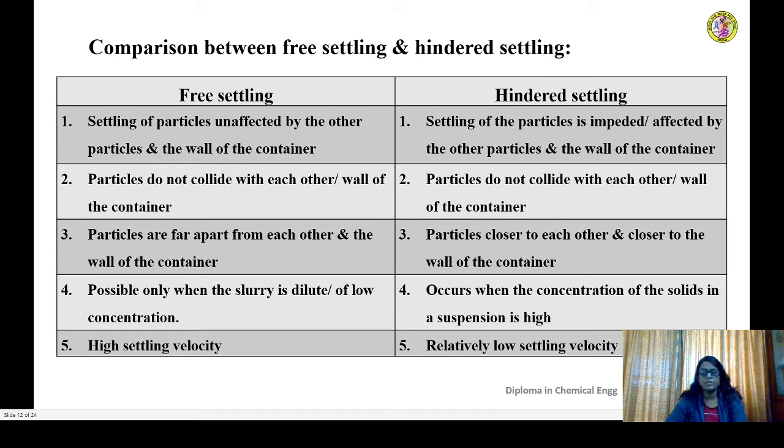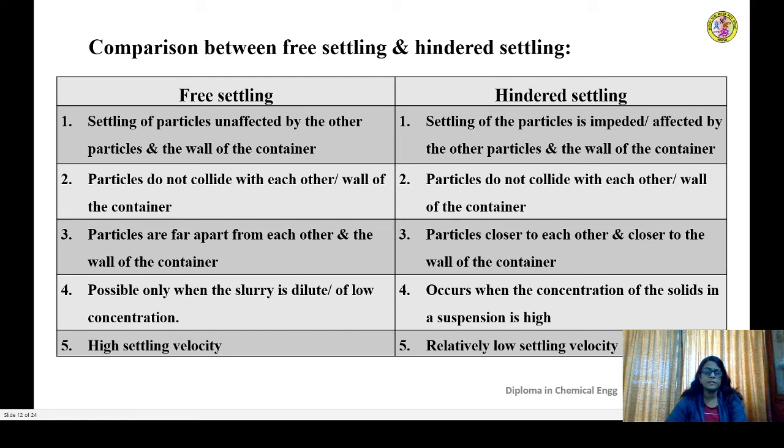Wherever the concentration of the settling particles is high, what you expect is hindered settling. So free settling is possible when the slurry concentration is dilute or low. Hindered settling is possible whenever the solid concentration in the given slurry is quite high.